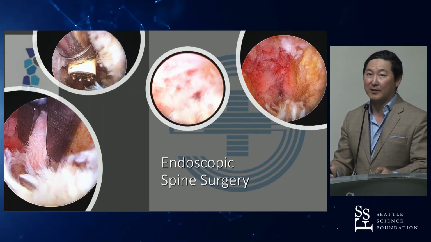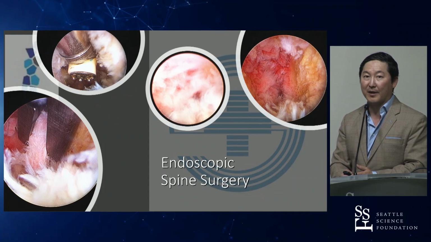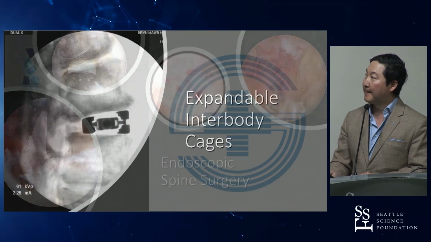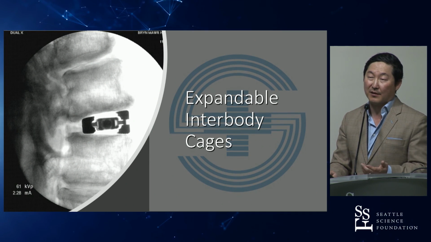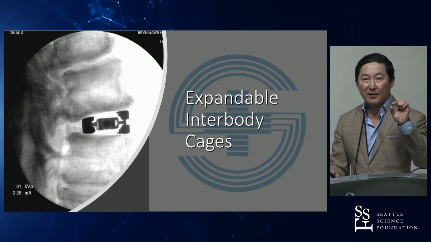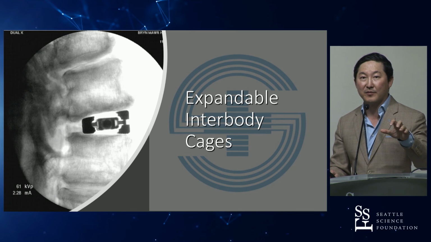I do believe that endoscopic spine surgery is the next step from going from open to tube-based MIS, which I do, and I think the next step is endoscopic spine surgery. And then finally, I do agree with Jens that expandable cages are the future. Expandable cages allow us to place a small implant through a small incision and to expand it into something that's much larger.